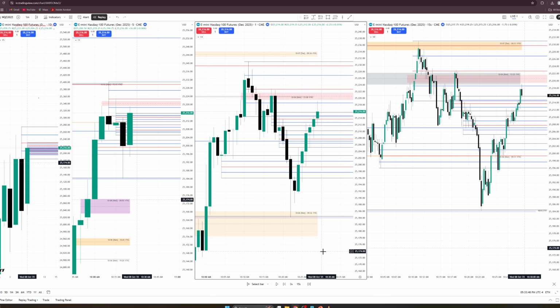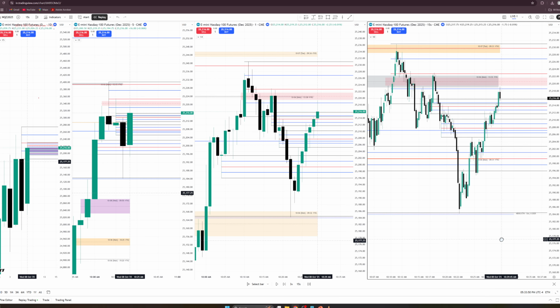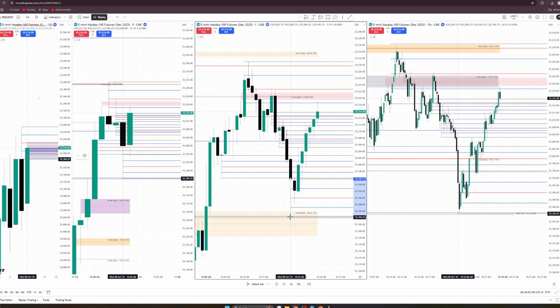So whenever we are having this kind of PDRA, what we want to see is a shift in market structure and immediate move away from the PDRA. So let me mark my quadrant levels on this. You can see this wick never closed below 50% of this wick.